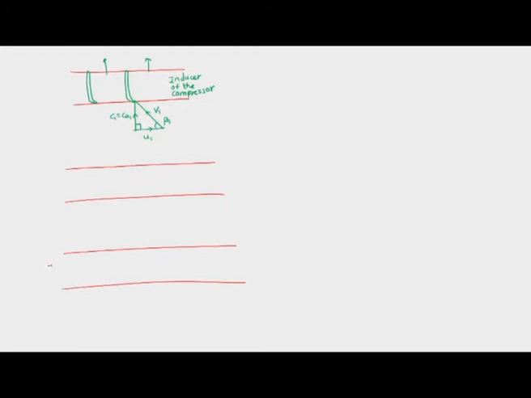So this is the inlet guide vane and this is the inducer. Then we will have to draw those configurations. Now in this case, this is the inducer, and this is the inlet guide vane.